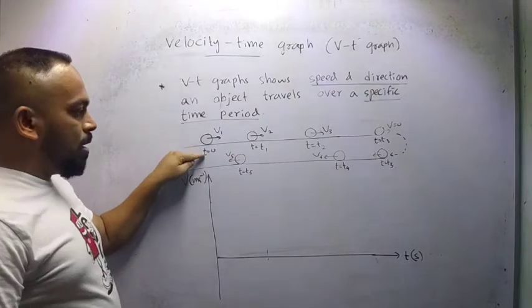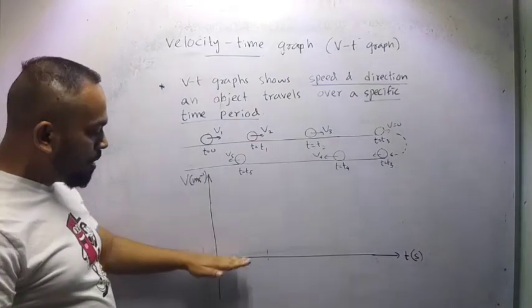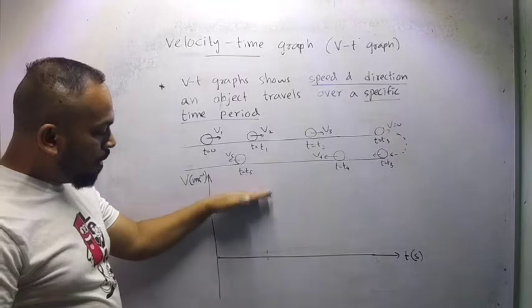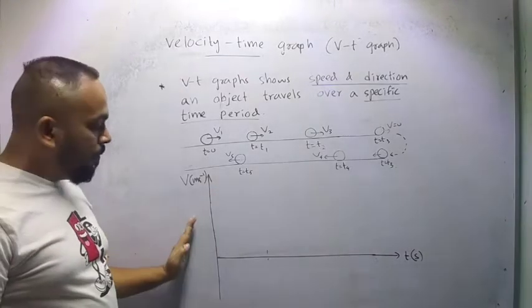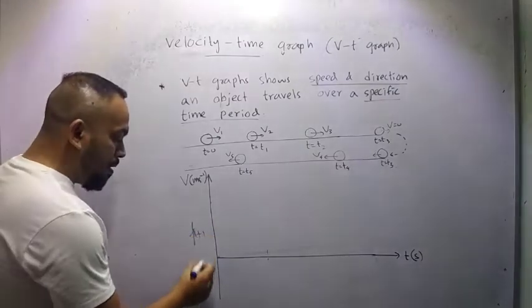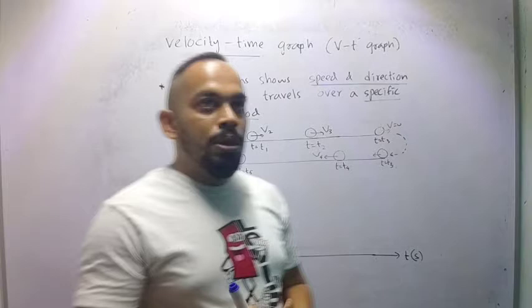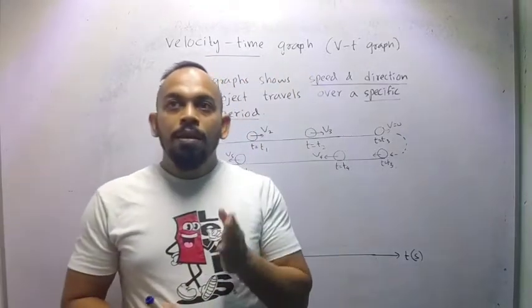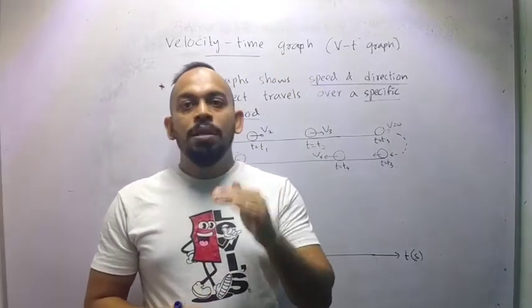This is a particle starting at t equals 0, right? Notice here, above this horizontal line, velocities are positive, right? Below this line, velocities are negative. You know that velocity is a vector, so it has a direction, positive direction and negative direction.